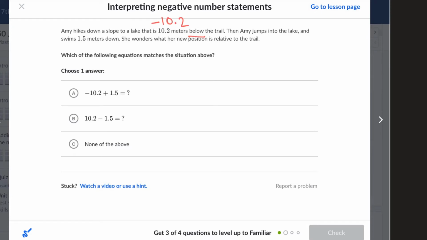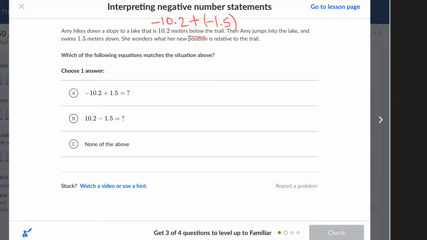Okay, now I'm going to keep going here. Then Amy jumps into the lake and swims 1.5 meters down. So that means she goes further down below. So you add on to that another negative 1.5 meters.